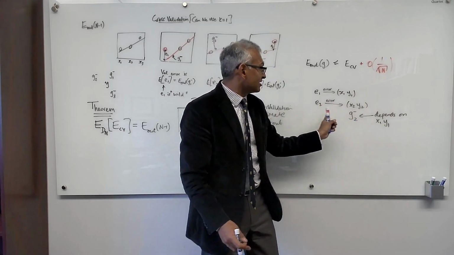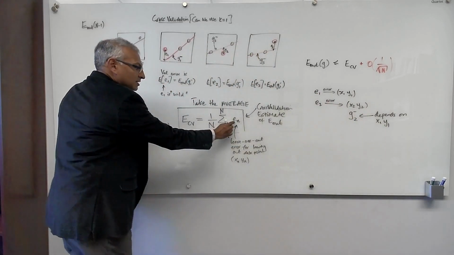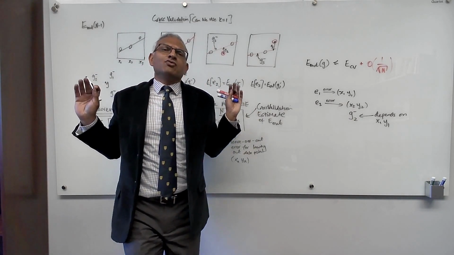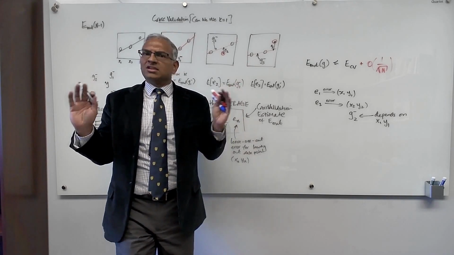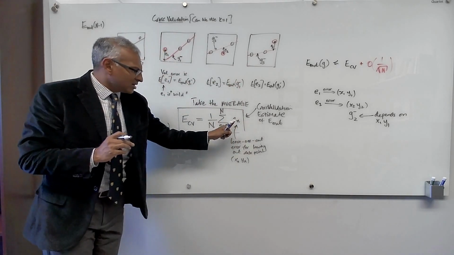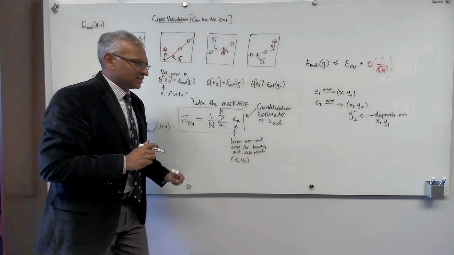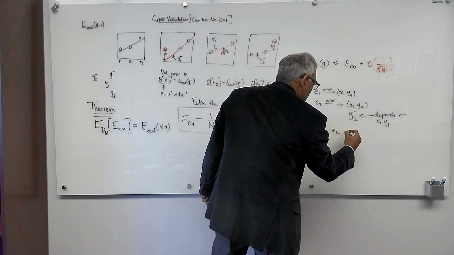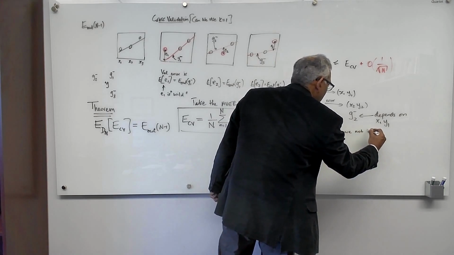Nevertheless, it exists. So E1 and E2 are not independent, but they're almost independent. I cannot give you a mathematical quantification of that. It's very hard to analyze theoretically the variance, for example, of the cross-validation error. But E1, E2, up to En are not independent.